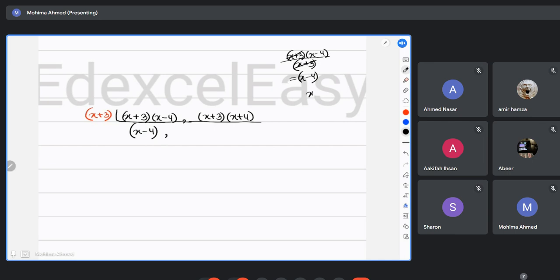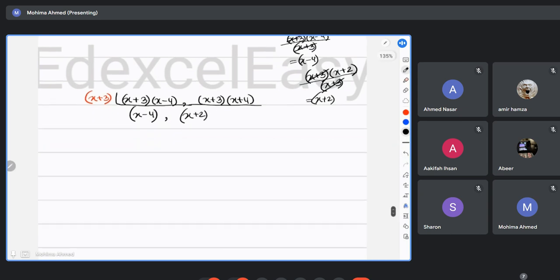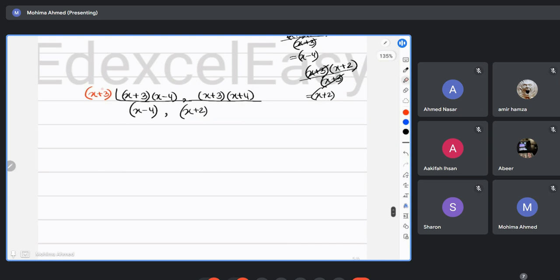And then again, we have x plus 3 and x plus 2 for the second denominator. And we're going to divide that with again the common factor x plus 3. So x plus 3 gets cancelled out. We are left with x plus 2. So x plus 2 at the end. Now you're going to have to multiply these two together for the LCM.